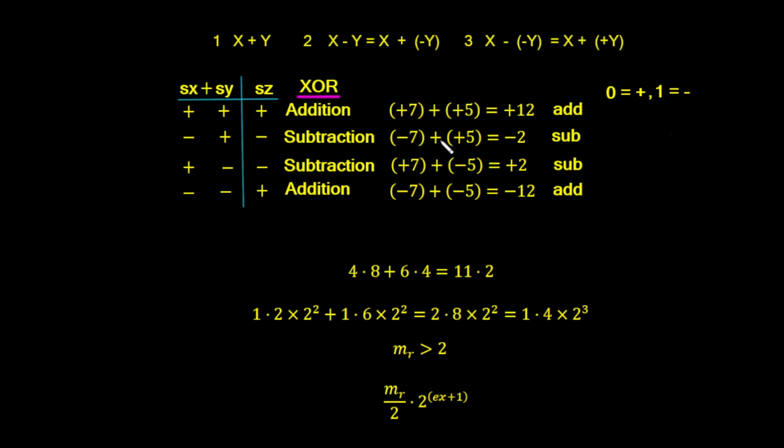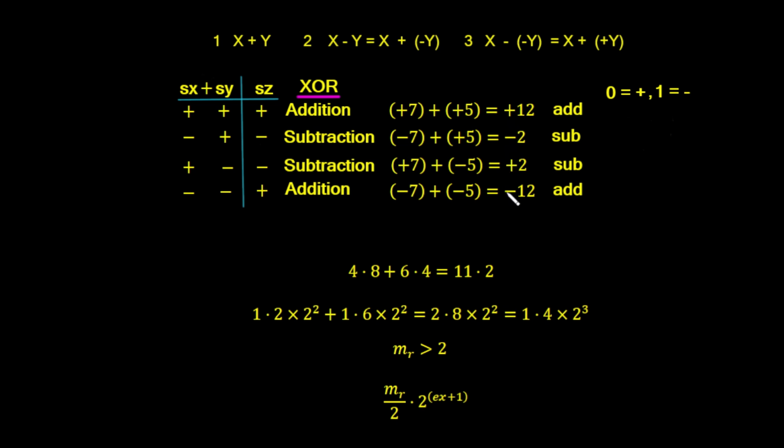And we could do minus 7 plus 5, which would be minus 2, plus 7 minus 5, which is 2, and minus 7 minus 5, which is minus 12. So you can see here the first thing that we have to look at is the sign. So what is the sign of the result?